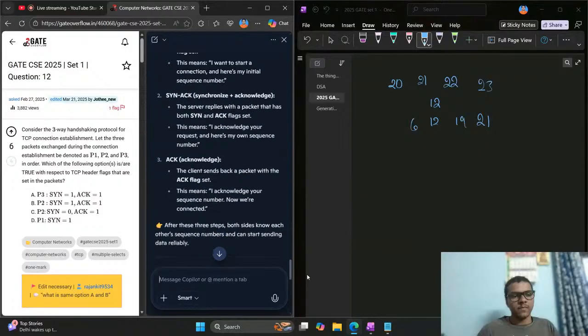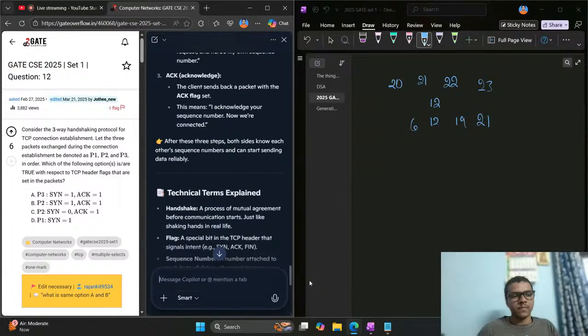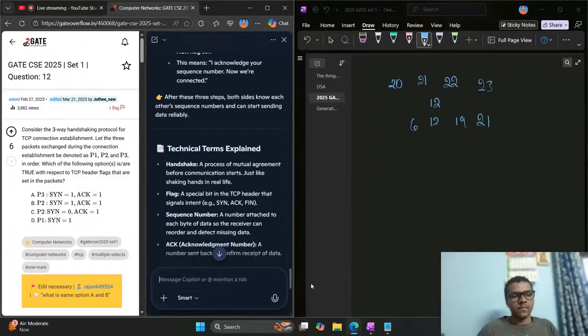Synchronize and acknowledge: the server replies that it has acknowledged your request and here is its own sequence number. Acknowledge flag: this means acknowledge your sequence number. Now we are connected. Handshake.